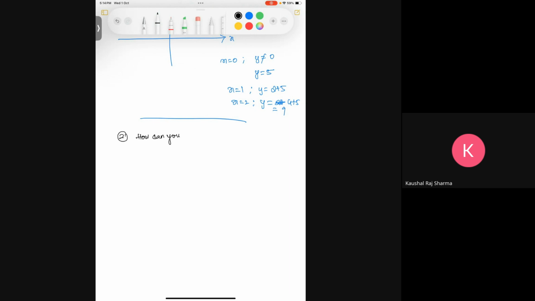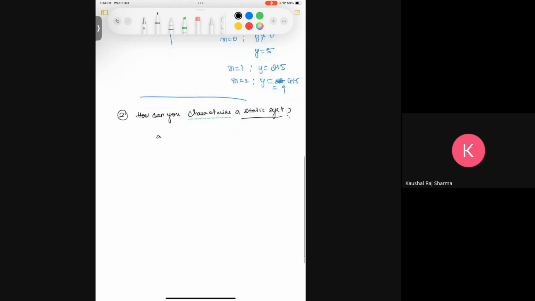How can you characterize a static system? Option A, presence of memory. B, memoryless. C, depends on past and present inputs.